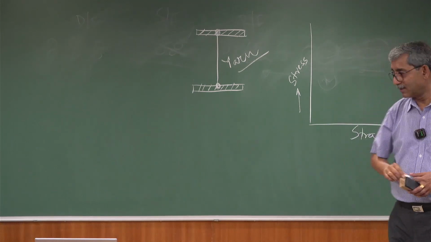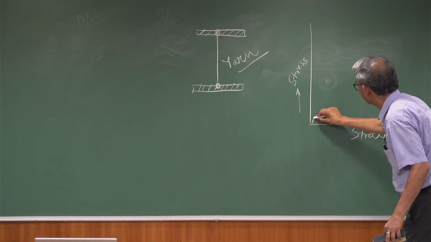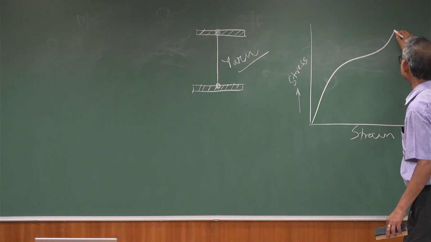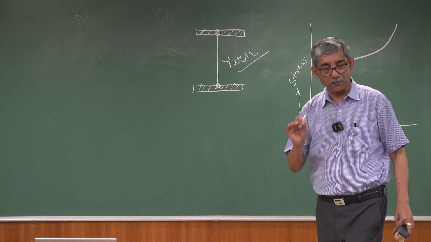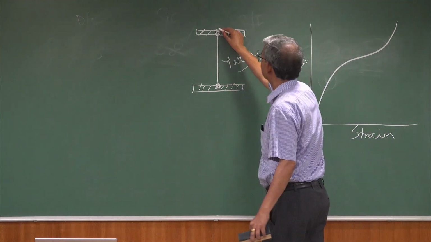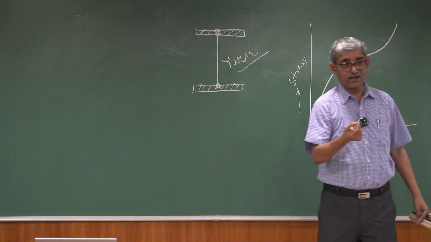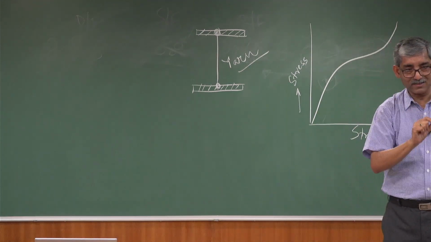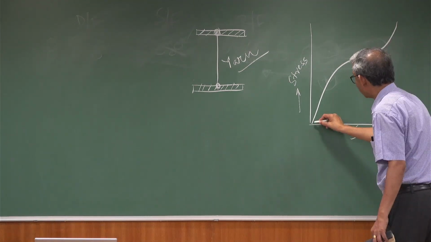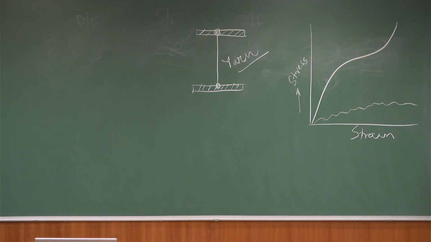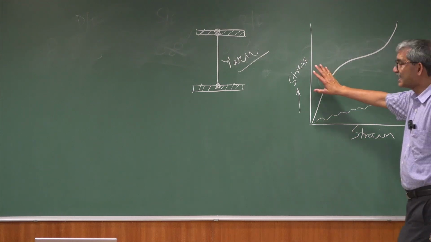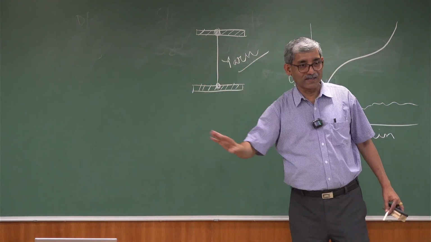He gets the correct stress strain curve of, say, cotton yarn. Now when he is not clamping it properly, not with proper tightness, the curve will be like this.